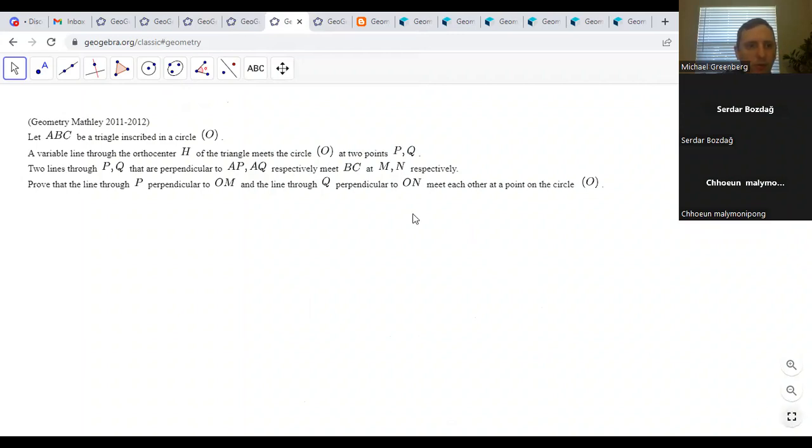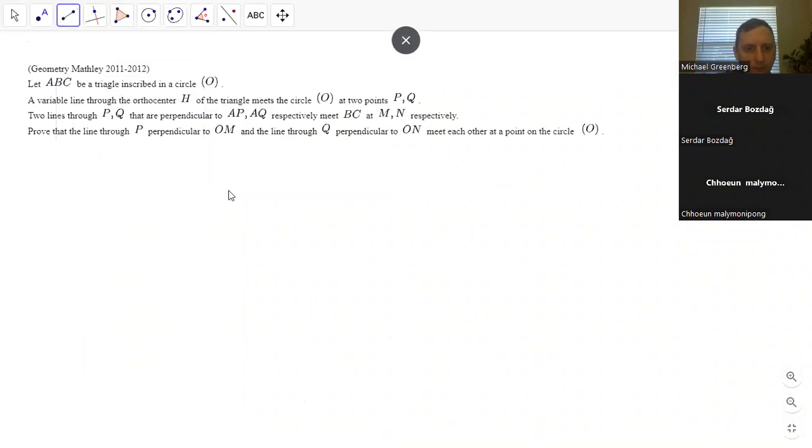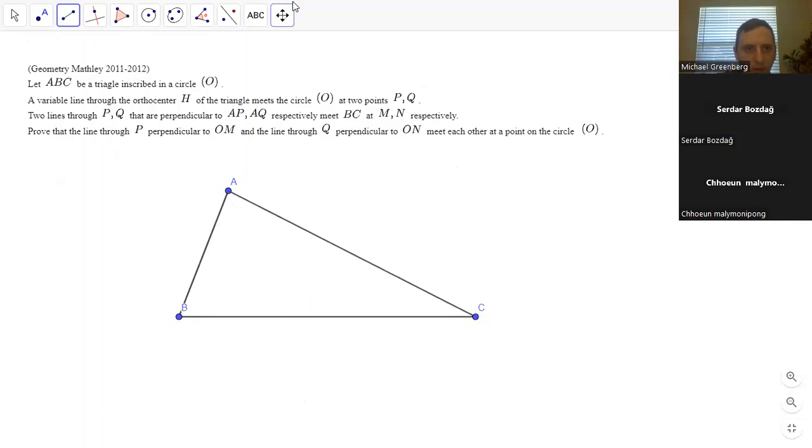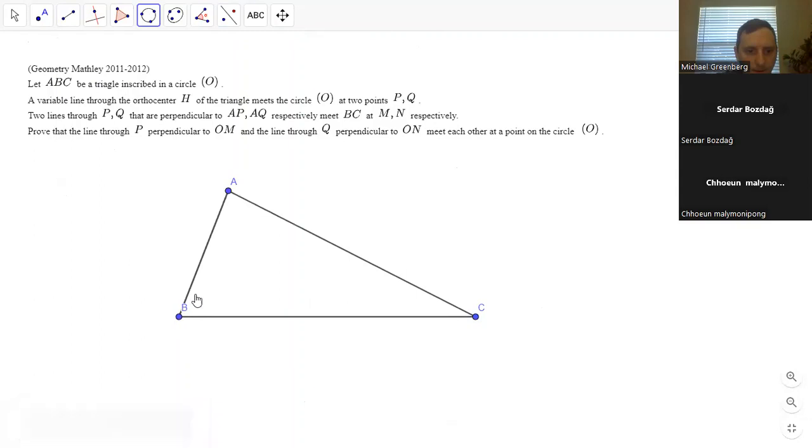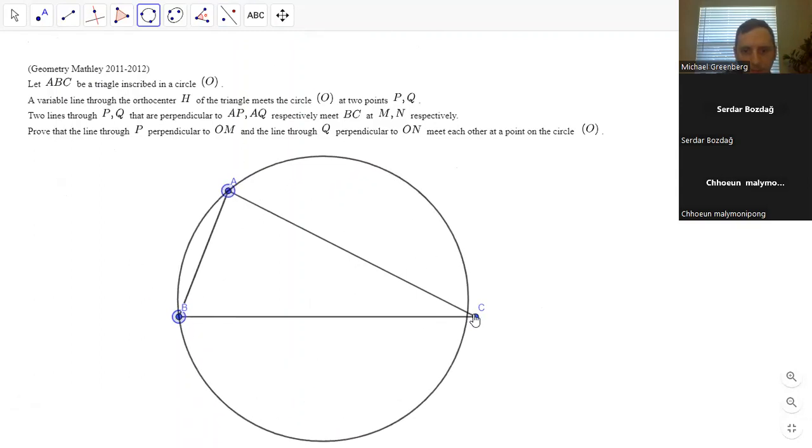So we have a triangle and a circle O, and we draw a variable line through the orthocenter, and we see where it meets the circumcircle. Okay.